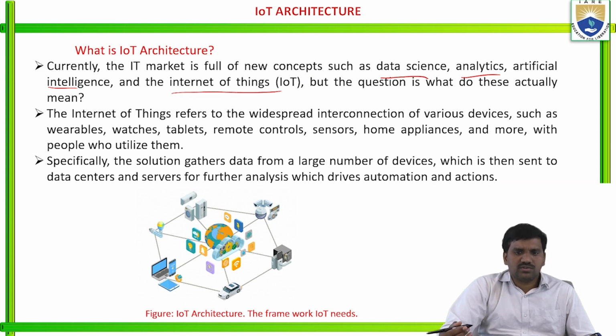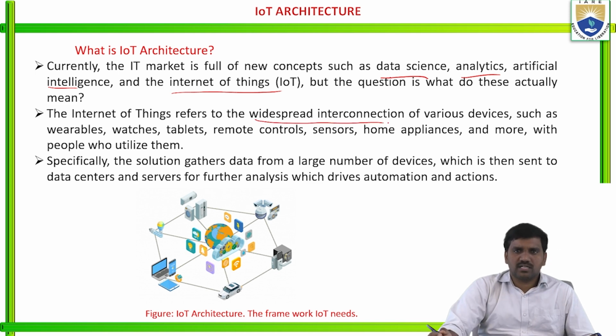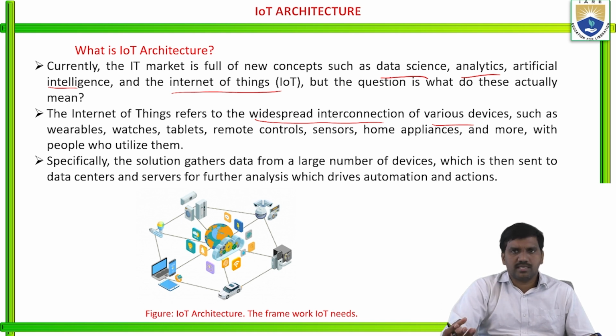So the Internet of Things refers to the widespread interconnection, where the internet is available anywhere on earth. Widespread interconnection of various devices such as wearables or watches, tablets, remote controller sensors, home appliances, and more with the people who can utilize them.